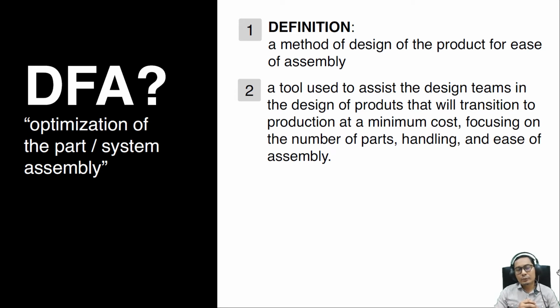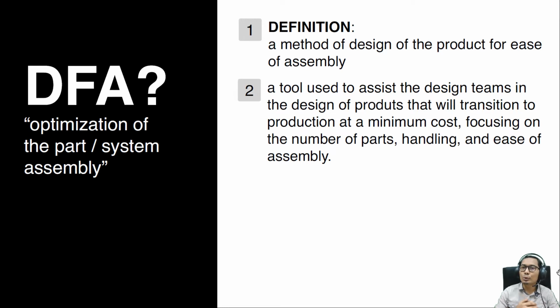So we go first to the DFA, which stands for Design for Assembly. DFA is focusing on the optimization of the part or system assembly. So the definition of DFA is a method of design of the product for ease of assembly. So again, the focus is on ease of the assembly process.